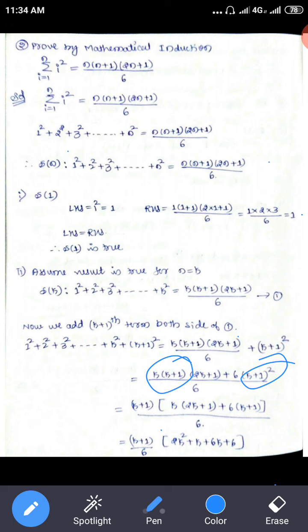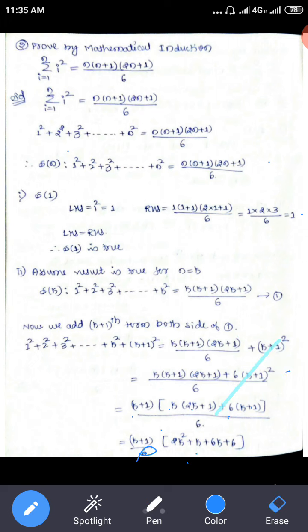Inside, 2k plus 1 plus 6 into k plus 1, with k plus 1 outside, divided by 6. I'll write it here: 2k square plus k plus 6k plus 6.